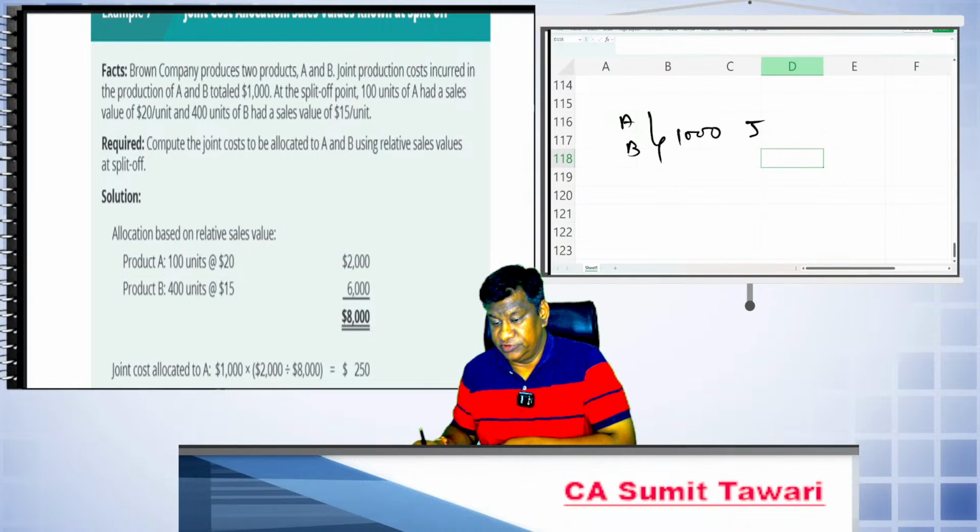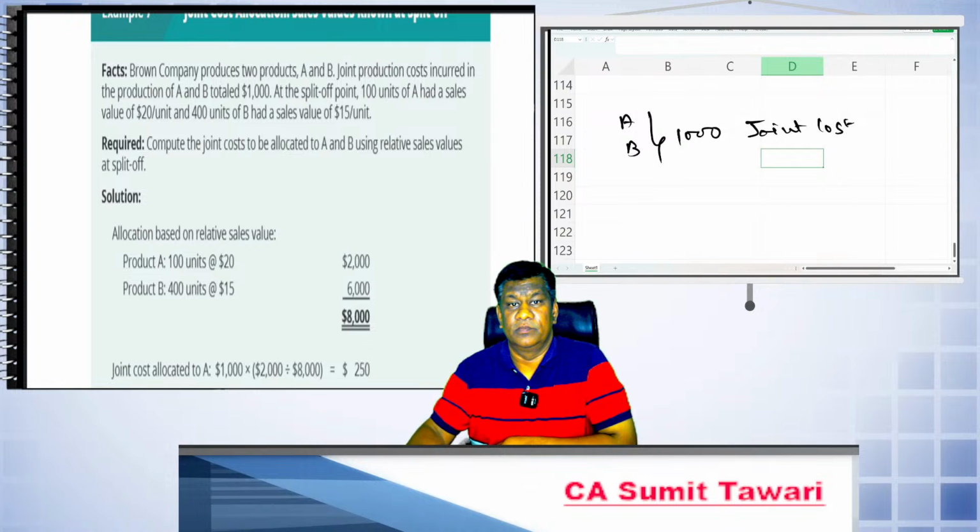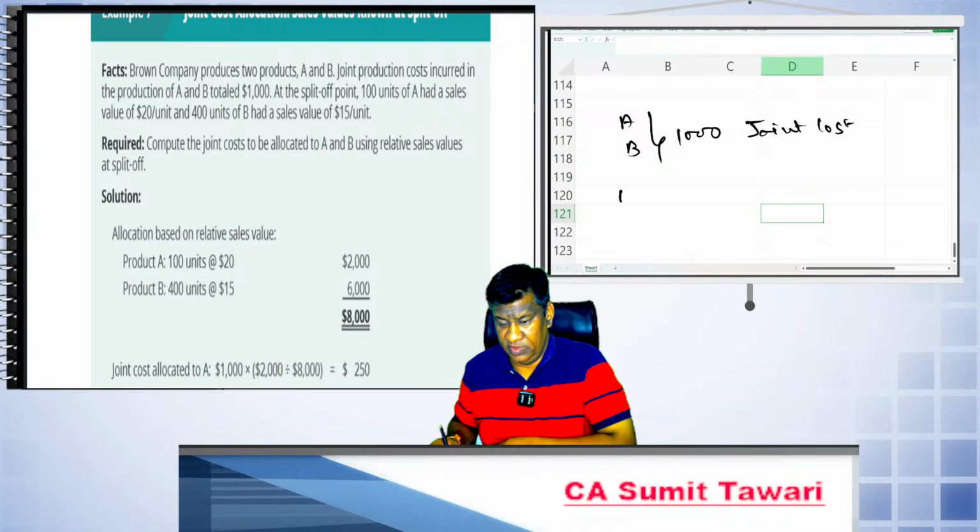This is my joint cost for A and B. The quantity is basically 100 units of product A at split off point, and B is basically 400 units.